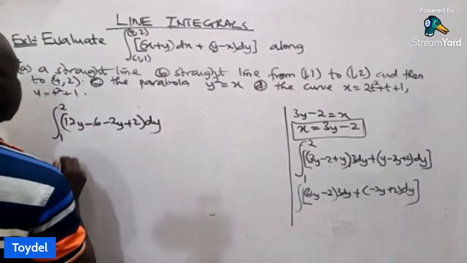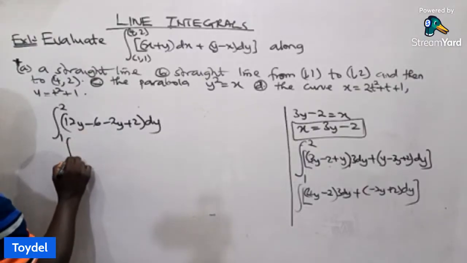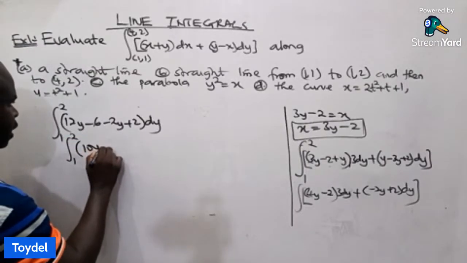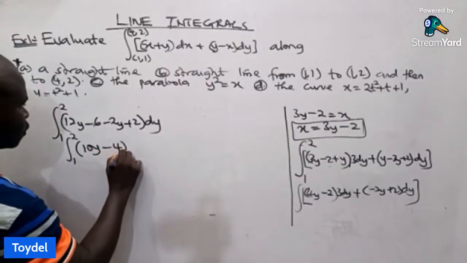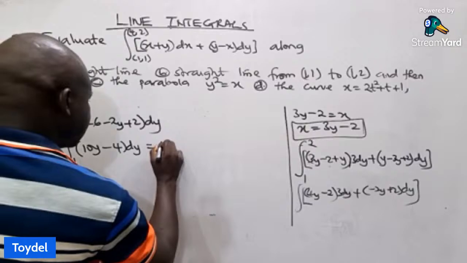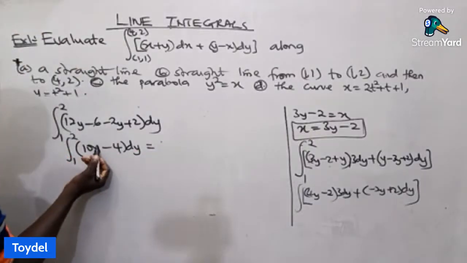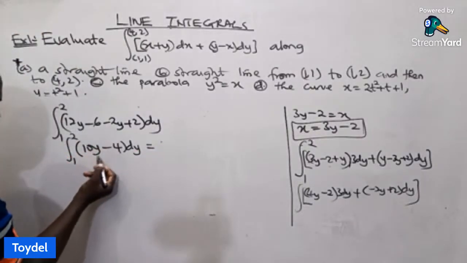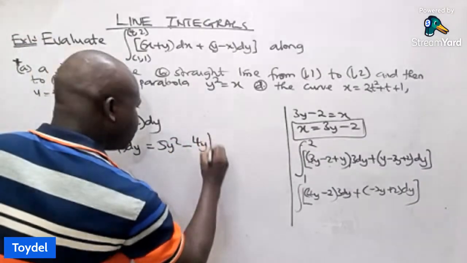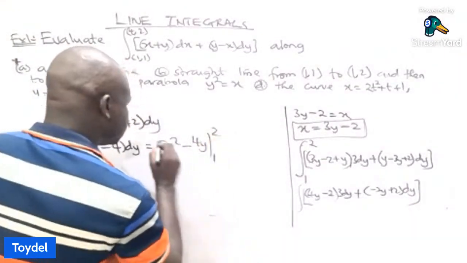Then from here, I'm going to have the integral from 1 to 2 of 10y minus 4 dy. If I integrate 10y, that will be 10y squared all over 2. That will be 5y squared minus 4y from 1 to 2.